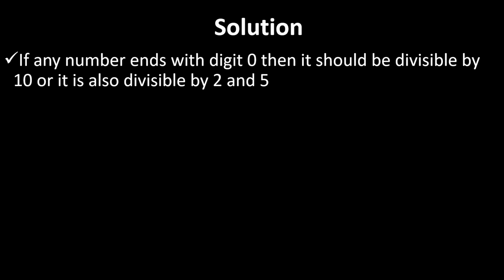So we know that if any number ends with the digit 0, then it should be divisible by 10, or we can say it is also divisible by 2 and 5. So for example, we can observe here that 10 is equal to 2 into 5, right? In the prime factorization of 10, we can see that it is divisible by 2 as well as 5.